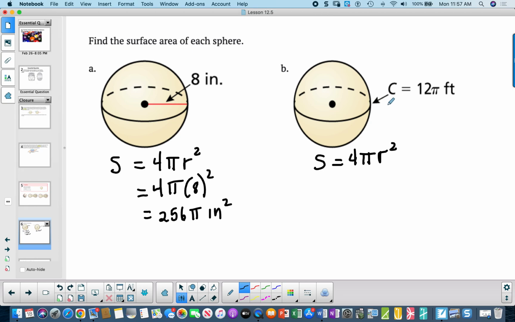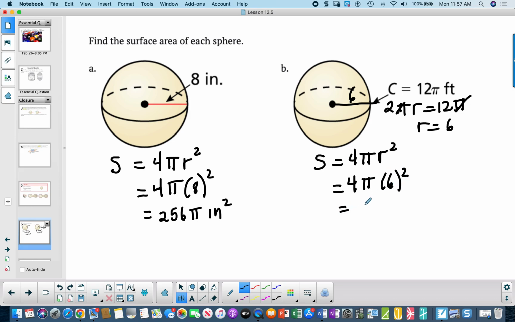I do know that circumference is 2 pi r equals 12 pi. If I divide both sides by pi and divide by 2, I get the radius, which is 6. So now I know that this radius is 6, which will allow me to find the surface area. And when I multiply that out, that will be 144 pi, and the units is feet squared because I'm finding area.